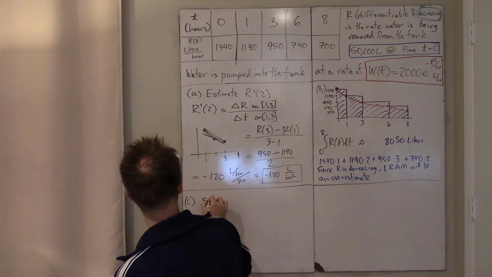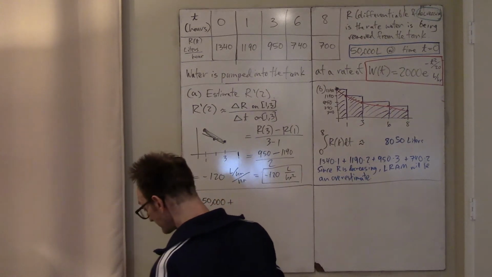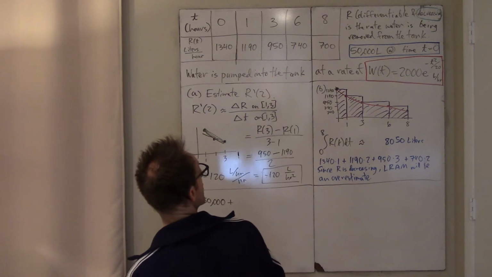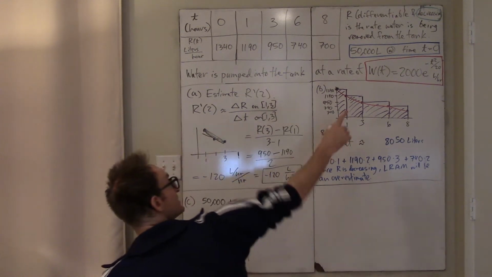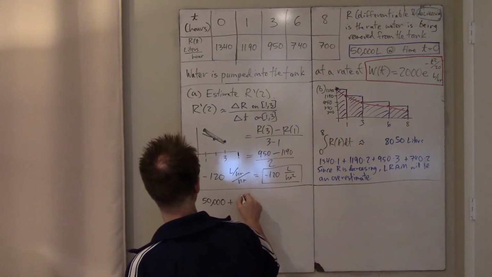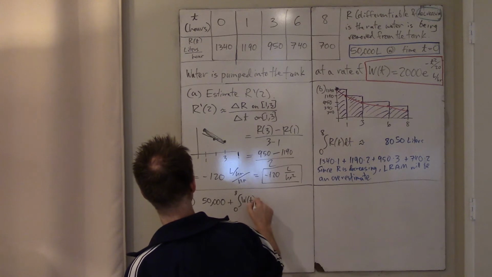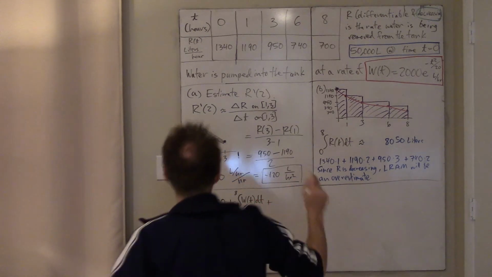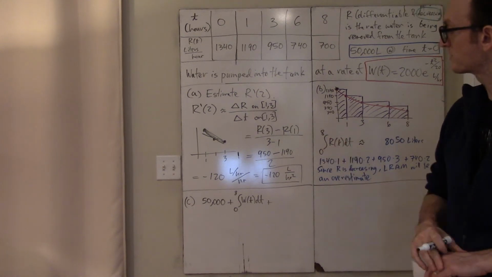I think this is a pretty easy question, because you just reason it out. There's 50,000 liters in the tank at the beginning of the day. And now, how much water has been pumped into the tank? If W is the rate at which water is being pumped into the tank, then the integral from 0 to 8 of W gives the total amount pumped in during those 8 hours.